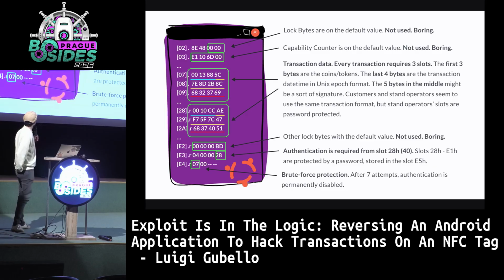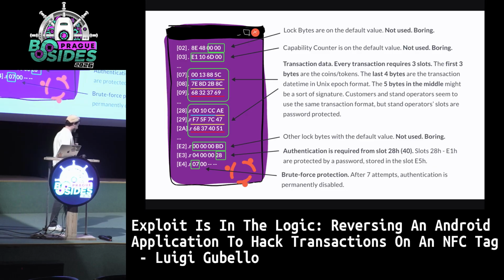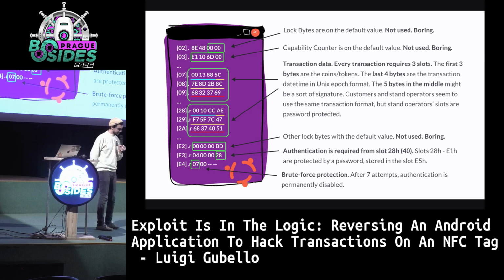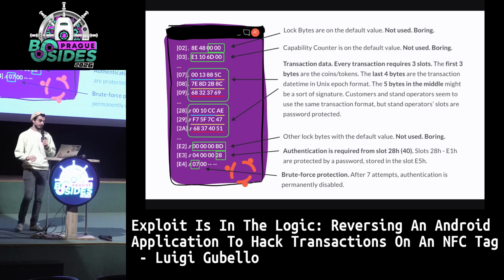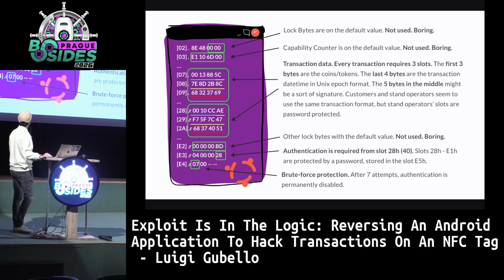Because the operator slots are protected by a password that I need to authenticate with to write in that memory. So apparently the only difference is that the operator can write in a specific slot where the customer cannot write, but the transaction format is the same.